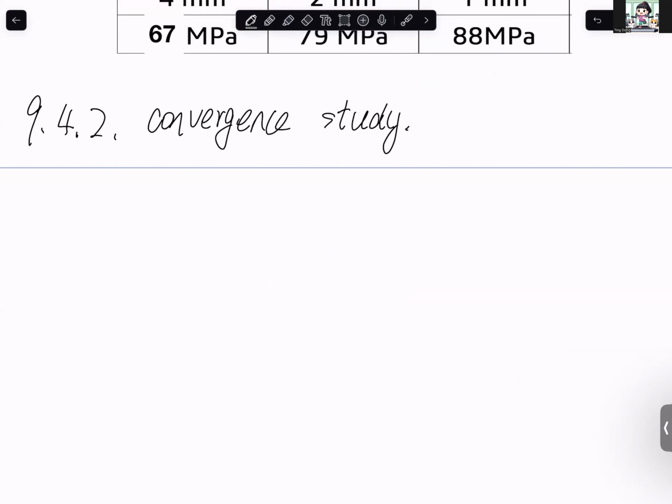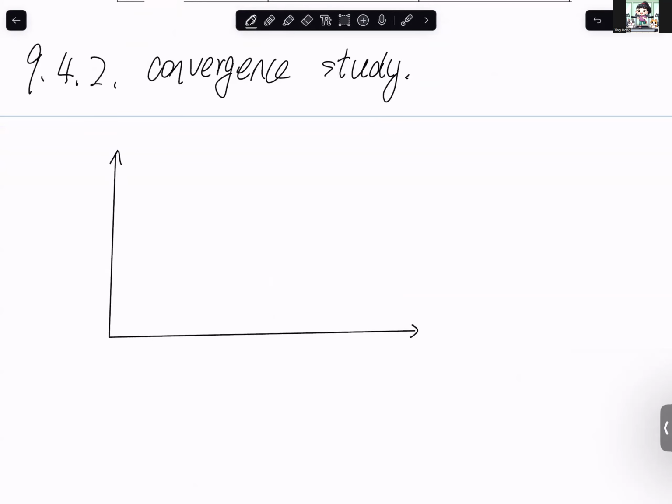So a simple plot, I can put it here. Either the x-axis is the element size or number of nodes and elements. Let's use element size here for H. So the y-axis can be either stress or displacement.